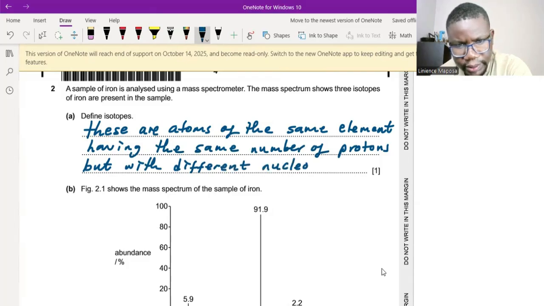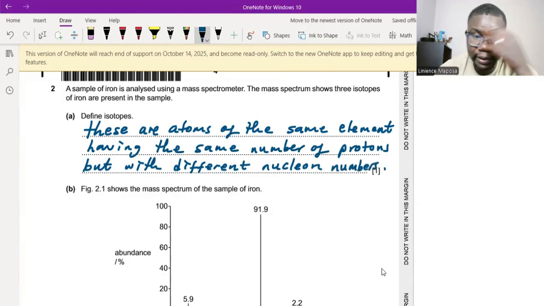You could say nucleon numbers, or neutron numbers, or mass numbers, whatever you say.